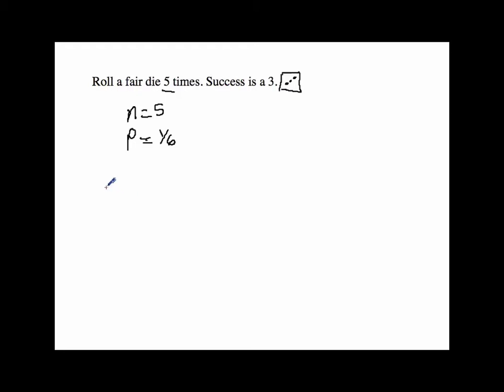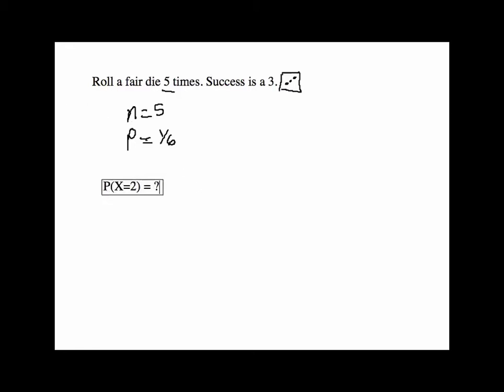So now based upon that, I can actually come up with probability calculations, all right? What I'd like to find out is the probability that my random variable x takes on the value of, say, 2. Well, what the heck is that? Let's see if we can define what that means.